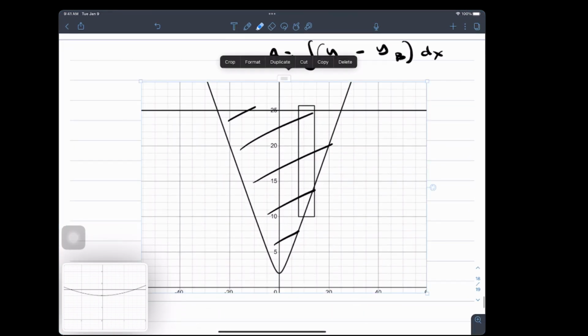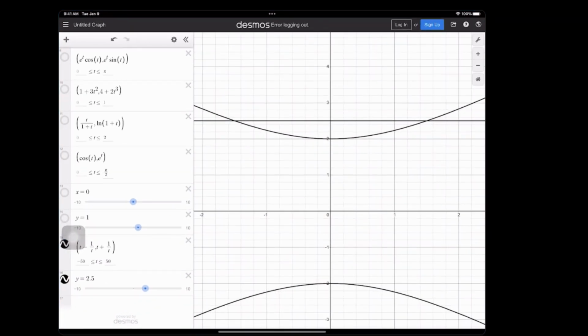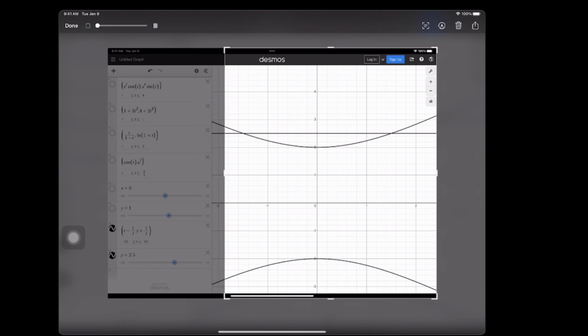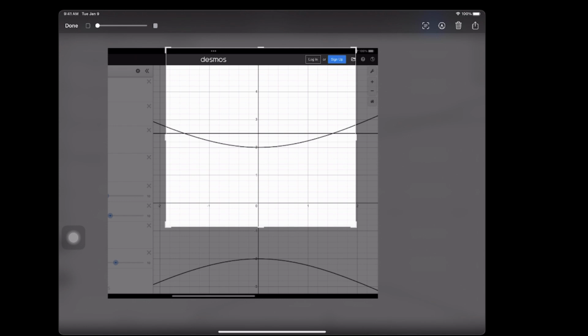Get rid of this one. This is not right. Delete. Cut. Uh-oh. Where's our picture? It's a nicer one.